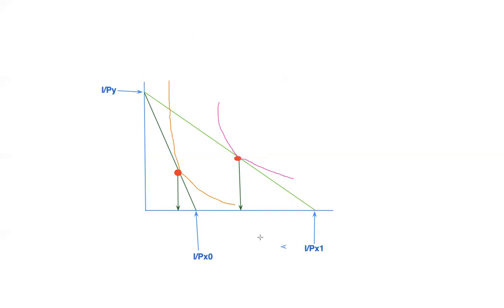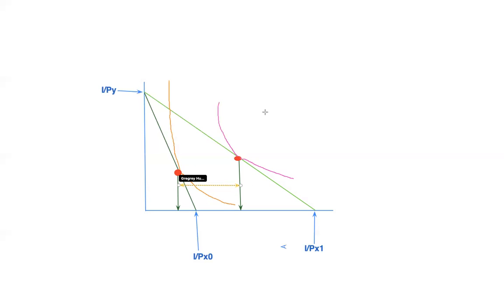I don't think I need to put x0 and x1 on the axes; you can see where they are. And the total change is this distance here, between those two lines. That's how X is changing in response to the decrease in the price.